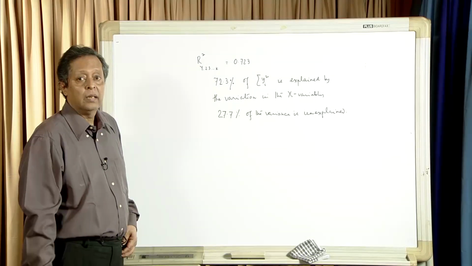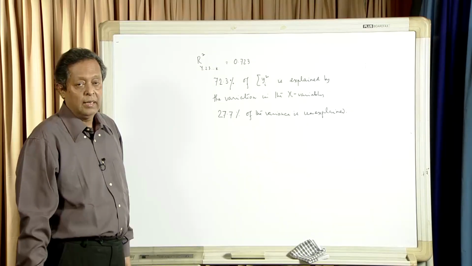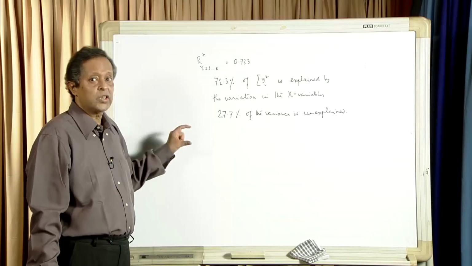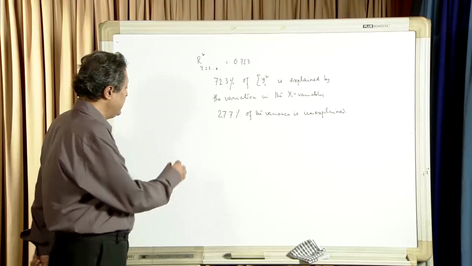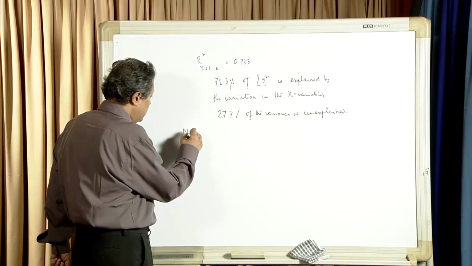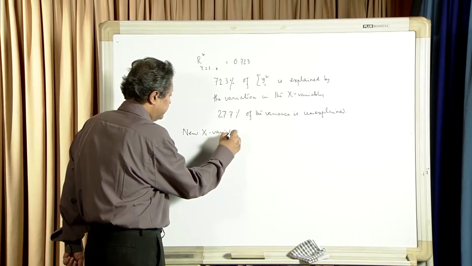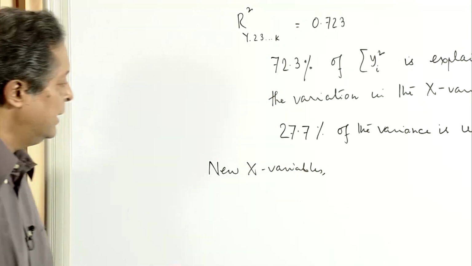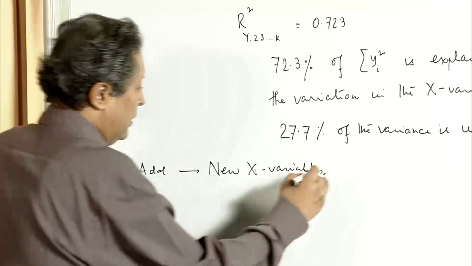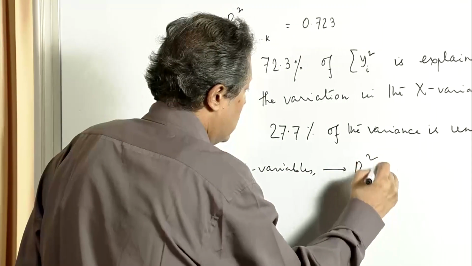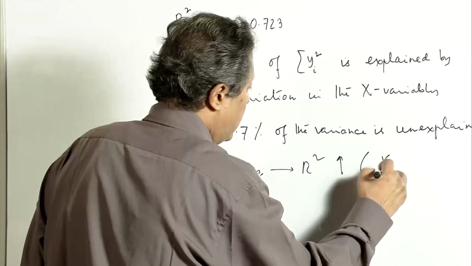Naturally, one would like to have as high a value of R square as possible. Now, there is a caution to be taken at this point of time, because as we add new x variables, R square goes on increasing, or at least it does not decrease.